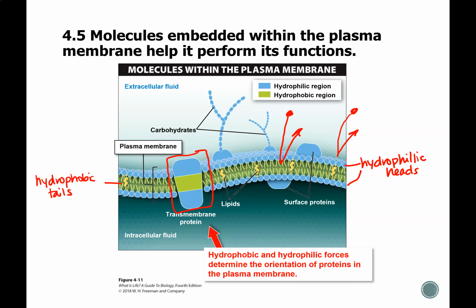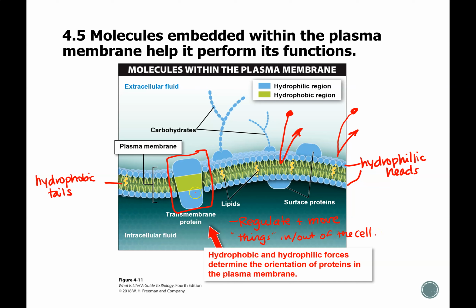So we're going to focus on these proteins, but you do need to know the general properties of these other ones. But transmembrane proteins are going to regulate and move different kinds of things in or out of the cell.